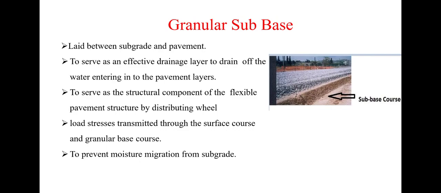Whatever load comes, all the stresses will be transmitted through the surface course and granular base course. Also, the moisture migration from the subgrade will take place, ultimately saving the top layer. So, this is the main usage of this granular subbase.